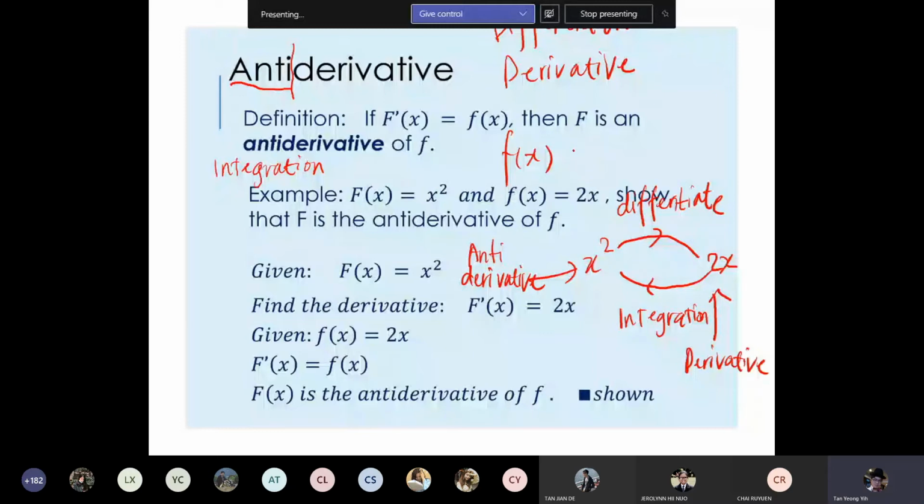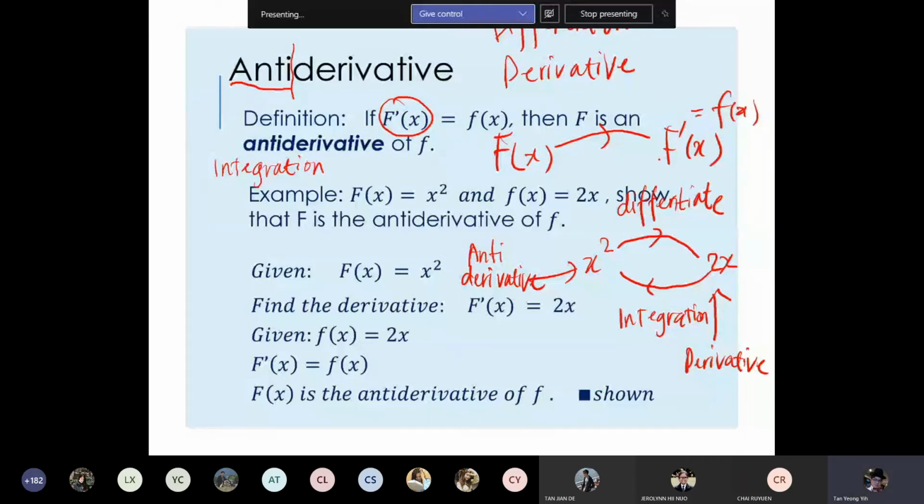After we differentiate, we get F prime x, which is f of x.